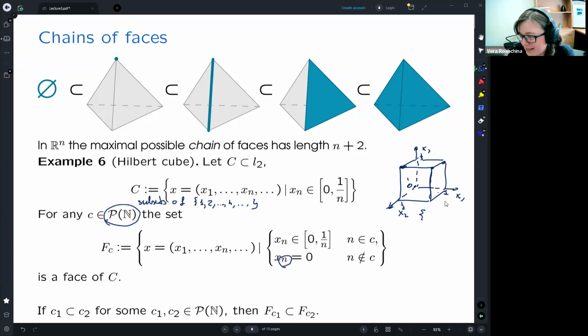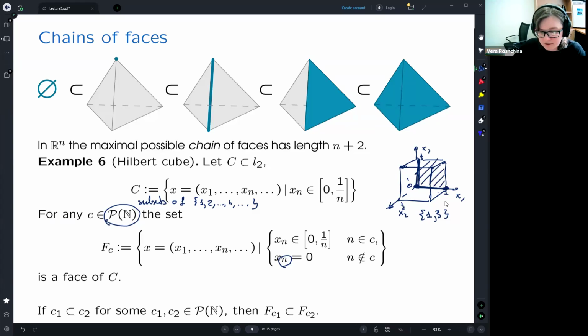So like here, if I take, say, 1 and 3, then my face will be this whole thing here. I will skip x2, and I will take everything that corresponds to x3. So this face will be something like this. And I can do it in infinite dimensions: pick an index, build a face.